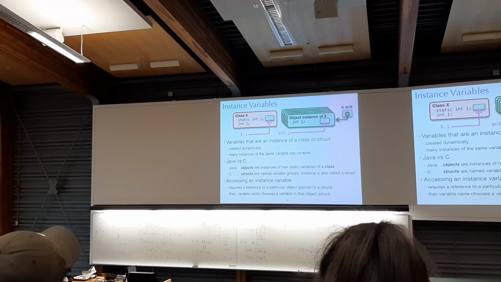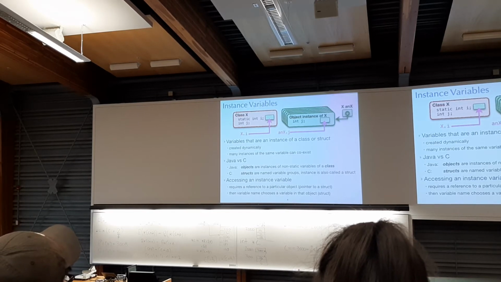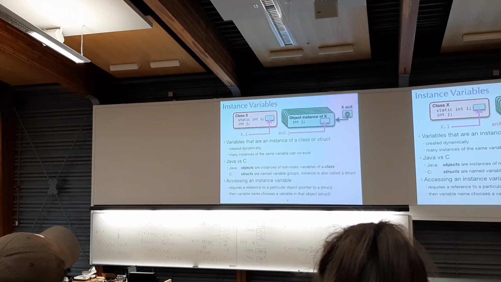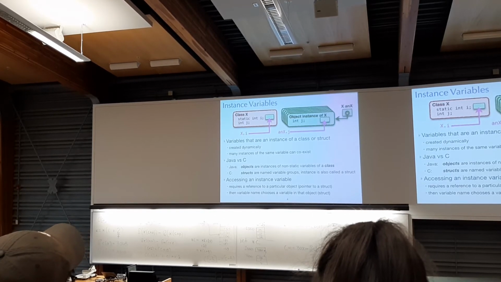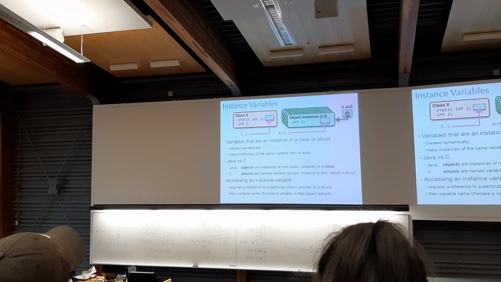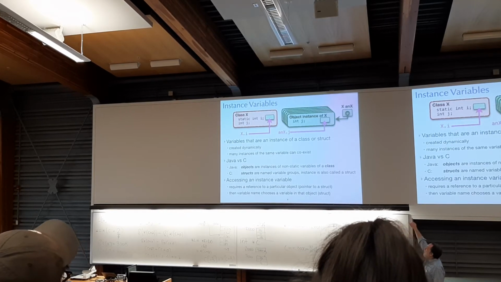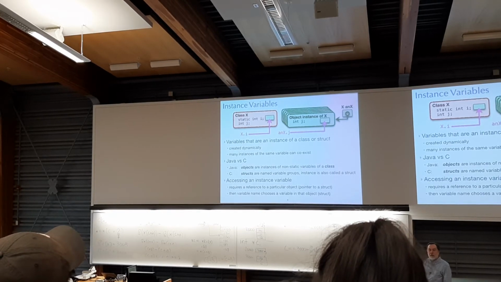So static int I is in the class. There's just one copy of that. J is not in the class. All the instance variables form a template that's used to stamp out objects when you say new, as you know. So if I say new X, I get an object, and the object contains the variable J.